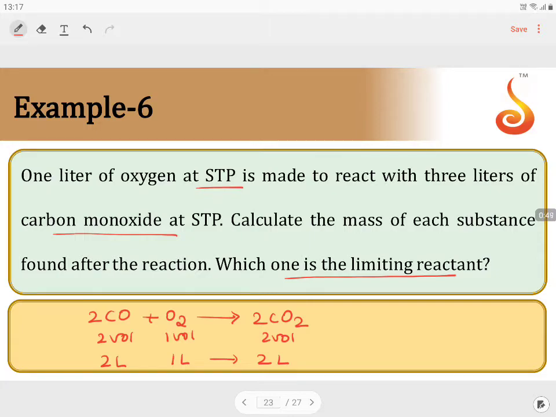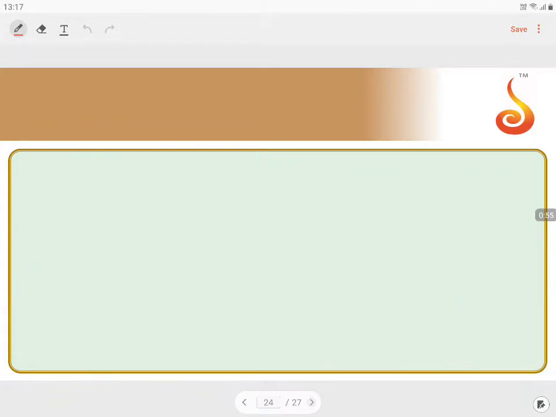Now, according to the data, I have 1 liter of oxygen. So we know 2CO plus O2 gives rise to 2CO2. They are in the ratio 2 is to 1 is to 2.